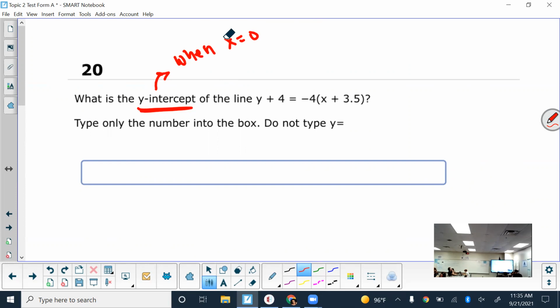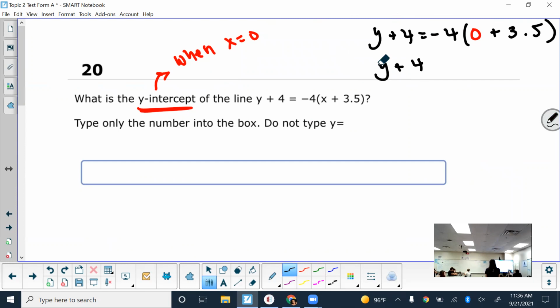Y-intercept is when x equals 0. So all I need to do for this problem is plug in 0 for the x. So I'm going to write everything down, but instead of writing x, I'm going to put in 0. Does that make sense? And then I'm just solving for y, and that'll tell me my y-intercept.